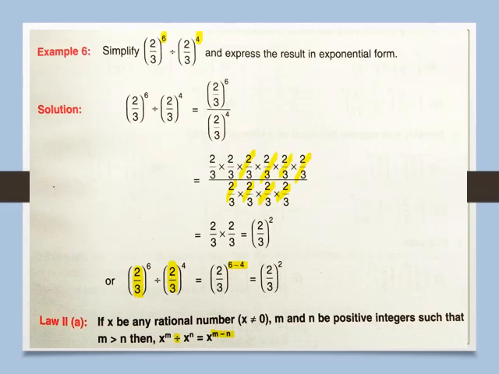But if you want to solve this directly, you only take the subtraction of powers. So that gives you 2 upon 3 raised to the power 2. Why here? Because here the bases again are the same.